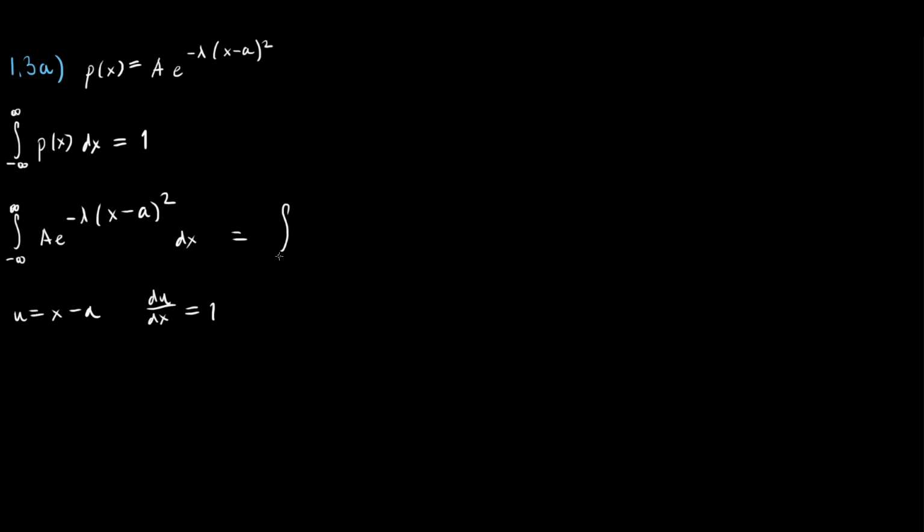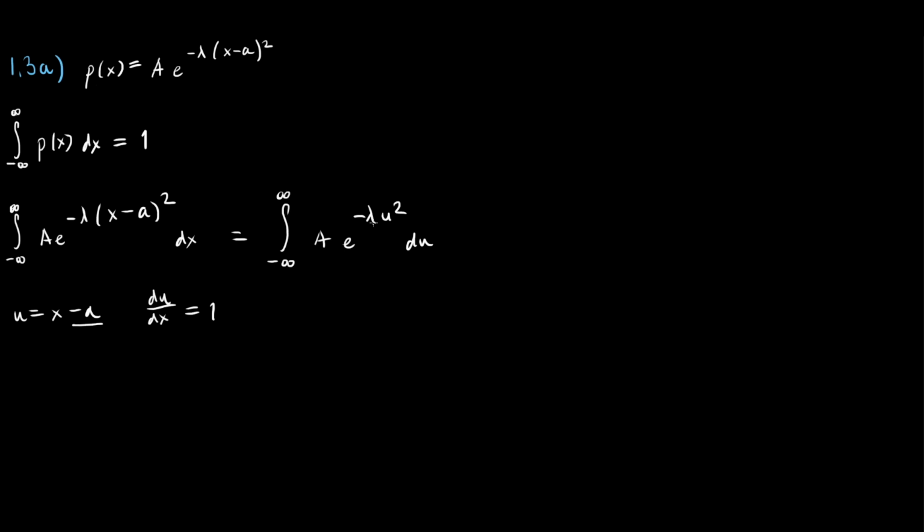And what we get is the integral from negative infinity to infinity of e to the negative lambda u squared du. The reason the bounds of integration stay the same is because adding or subtracting a constant a does not change whether it is infinity or negative infinity. So that's why the bounds stay the same.